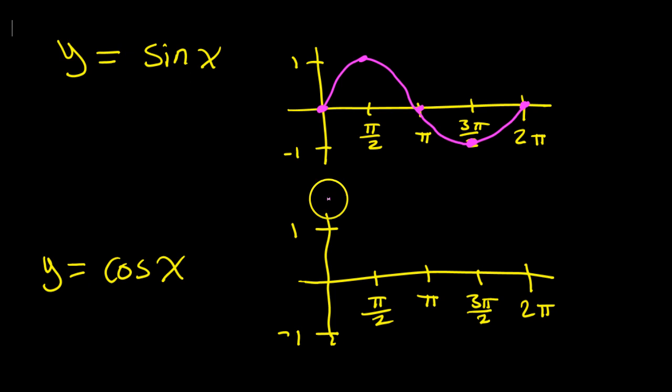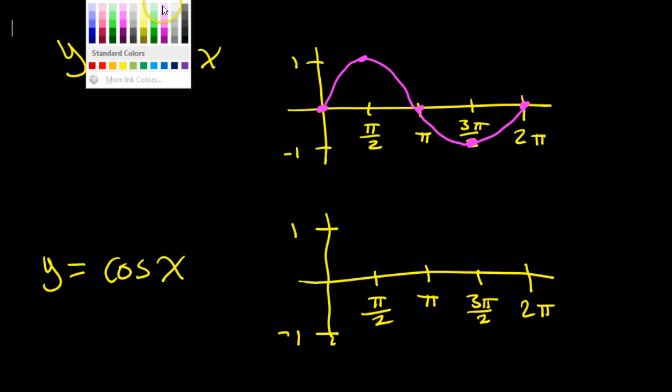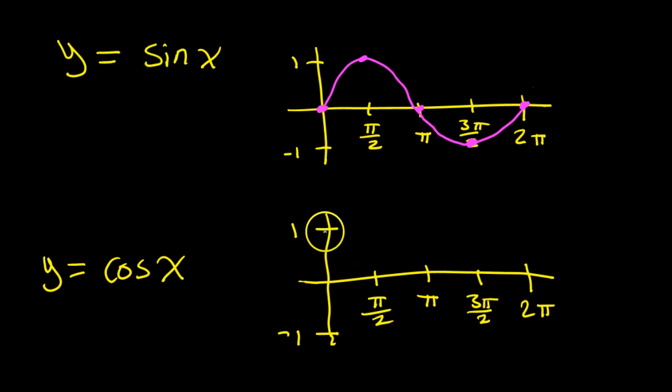Unlike the sine function, I think I'll do this one in blue. Cosine starts off way up high at +1, and then it goes down to the midline, and then down to its low, and then back to the midline, and then up to its high. So this is what the parent function for cosine should look like. So basically memorize that.